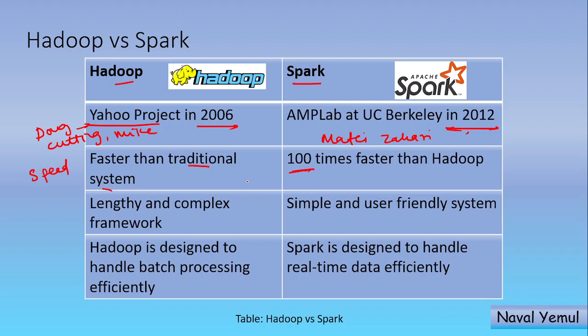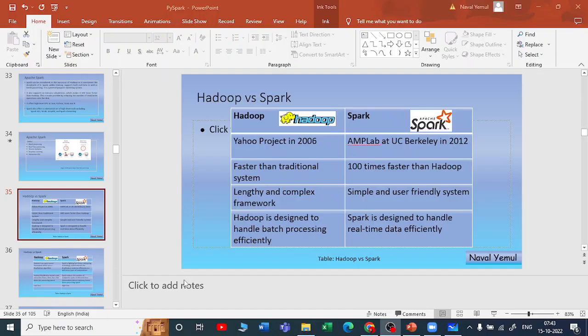So we need to discuss how Spark is 100 times faster than Hadoop.